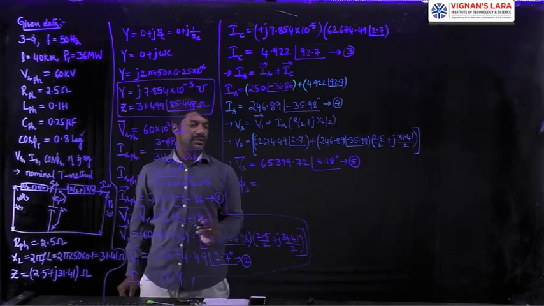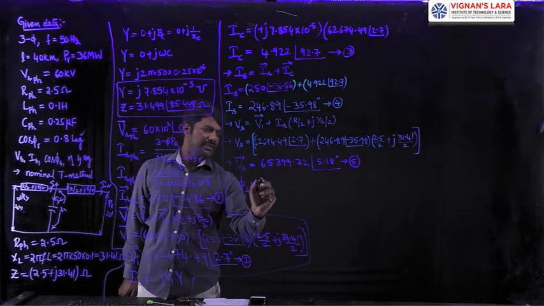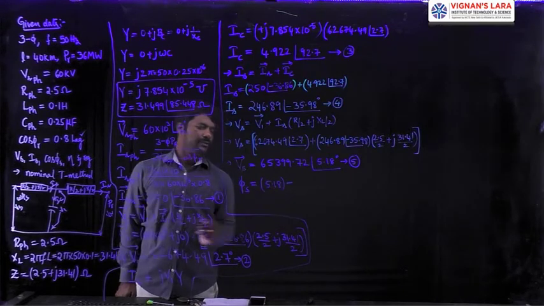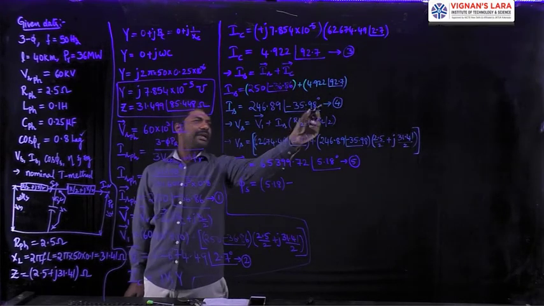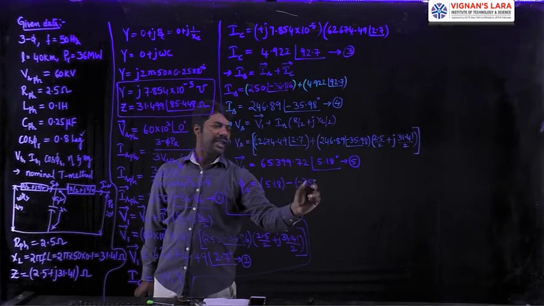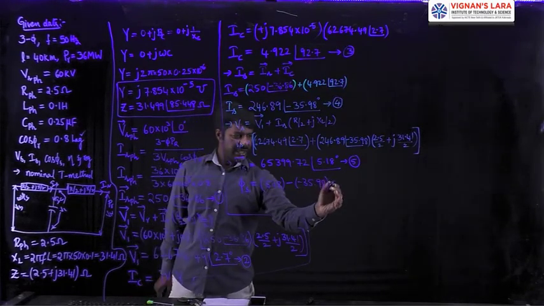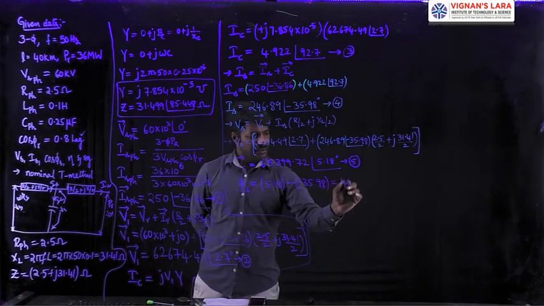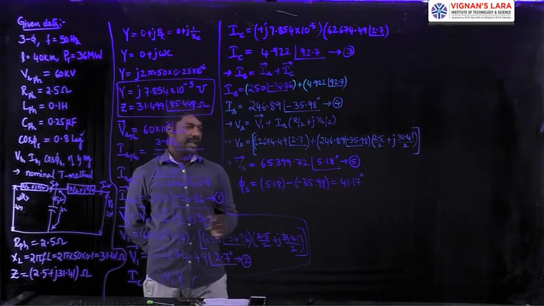Phi s is equal to angle of Vs, which is 5.18, subtracted with the angle of the current Is, which is minus 35.98. Minus of minus is plus. On simplification, you get phi s as 41.17 degrees, lagging.